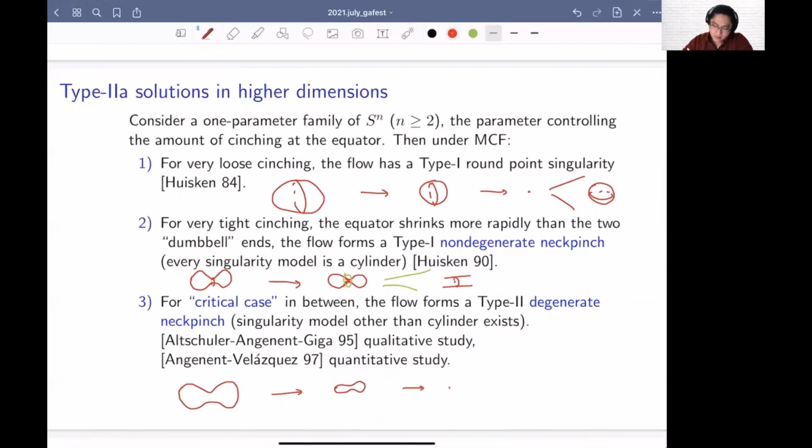So we'll see a more detailed analysis later on. But here, let me just say that for the critical case, Altschuler, Angenent, and Giga carried out a qualitative study, and they proved that this scenario exists, and it gives you a type IIa singularity. A more quantitative analysis, including the precise blow-up rate and the precise asymptotics near the singular time, was later carried out by Angenent and Velázquez, using a different method.